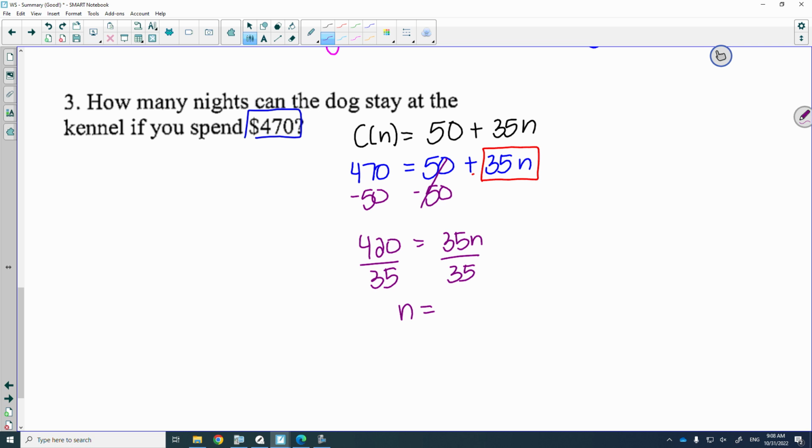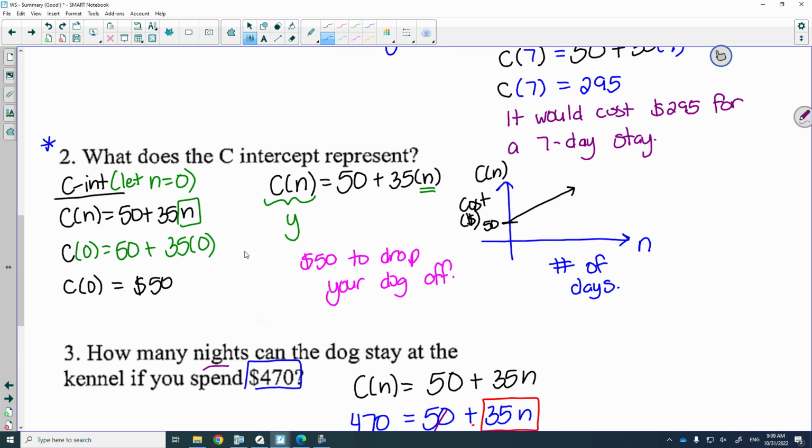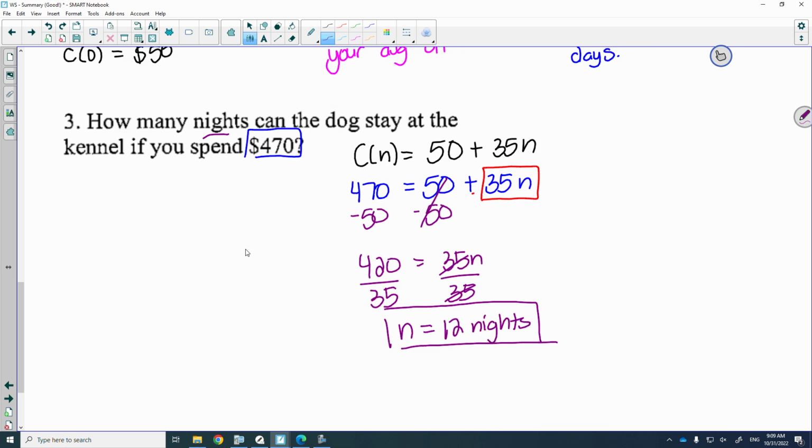Max, what did you get for n? 12, which represents 12 what? Yeah, 12 nights would cost $470. Okay, everybody's good with that? If it was a long answer, yes. This type of question would probably be a long answer.